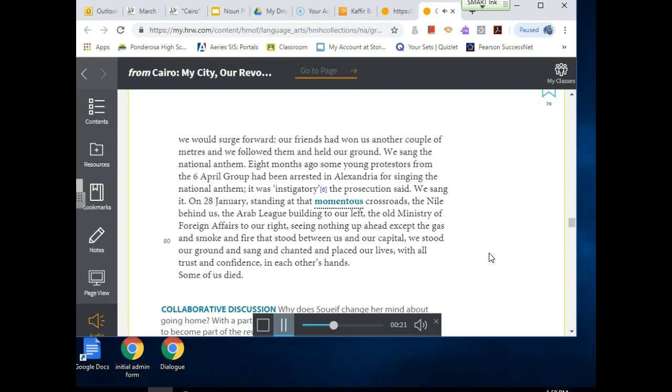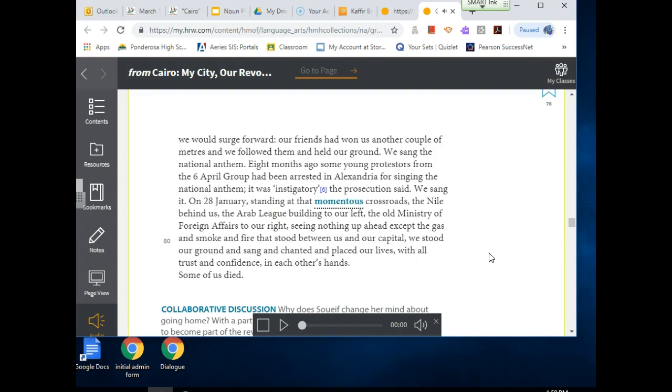On 28th of January, standing at that momentous crossroads, the Nile behind us, the Arab League building to our left, the old Ministry of Foreign Affairs to our right, seeing nothing up ahead except the gas and smoke and fire that stood between us and our capital, we stood our ground and sang and chanted and placed our lives with all trust and confidence in each other's hands. Some of us died.